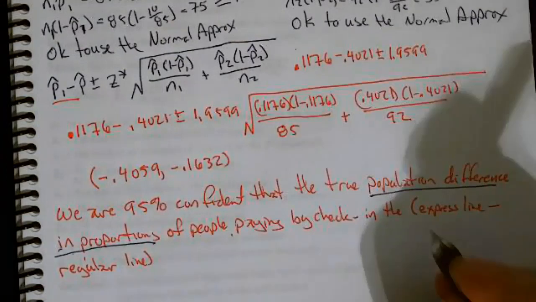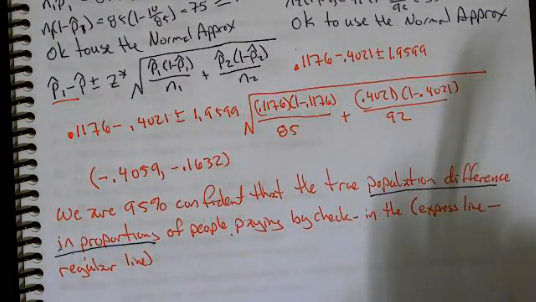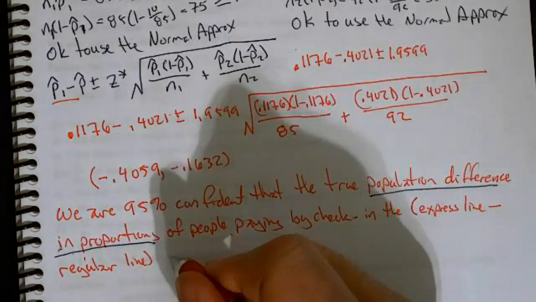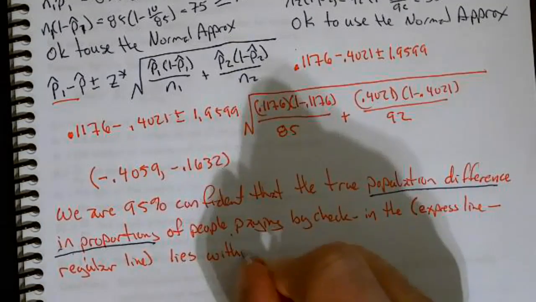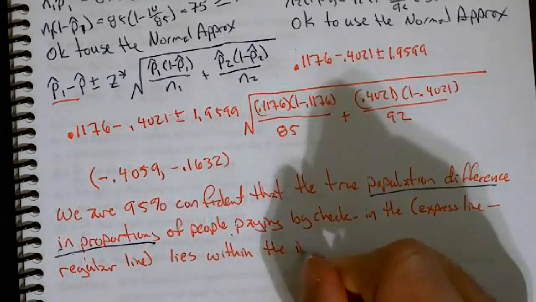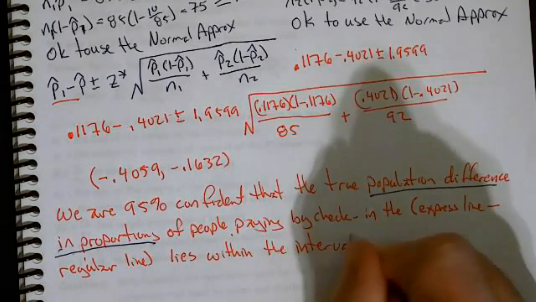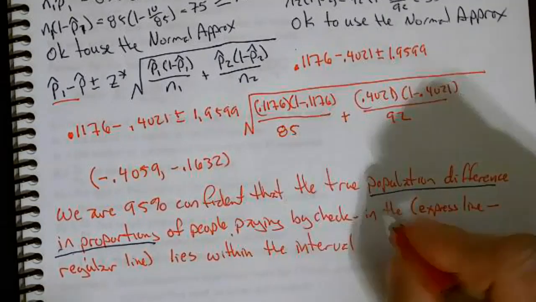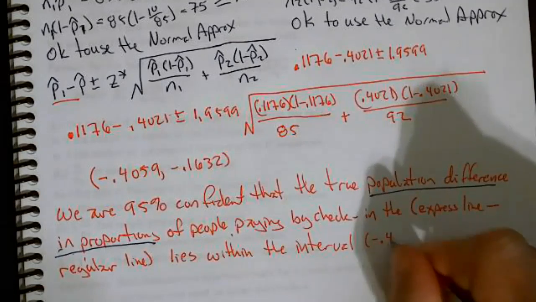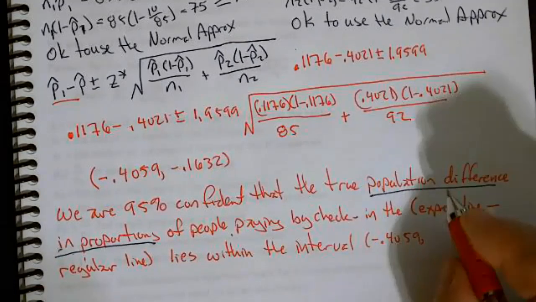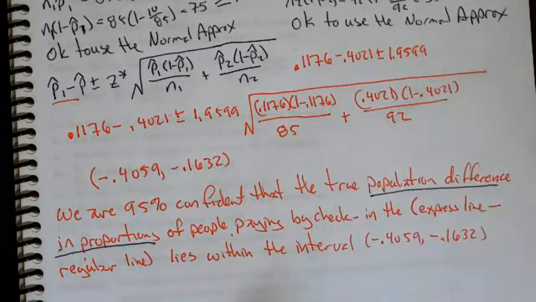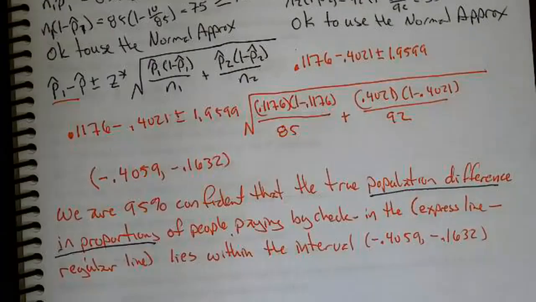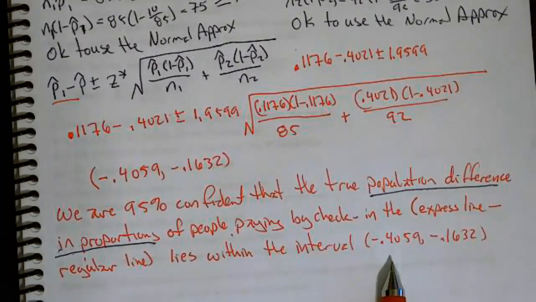And so I have to have this phrase, which order we subtracted. Always give me that. Lies within the interval negative 0.4059 to negative 0.1632.